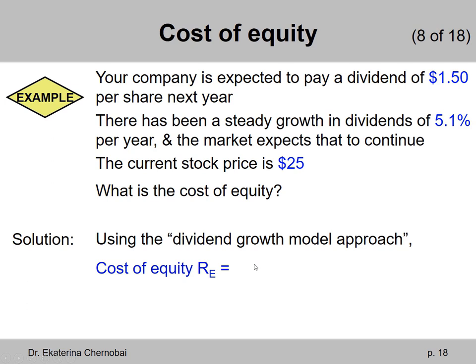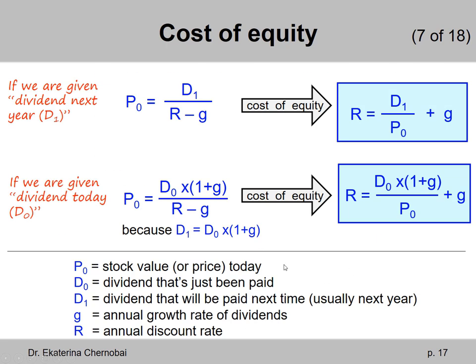Remember, we had a couple of versions of the formula to calculate the cost of equity using the dividend growth model approach. Because $1.50 is the dividend that will be paid next year, let's go back one slide, slide 17.